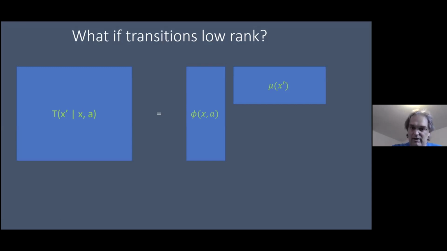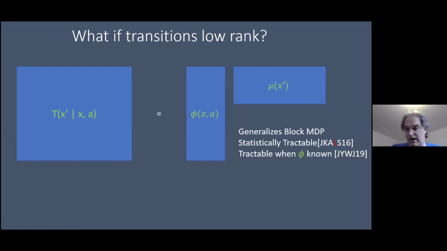Okay, so this is kind of natural. We know some things about this kind of structure. Okay, so let me back up. First of all, we know this generalizes block MDP because you can express any block MDP of the sort that I just described as a transition matrix of low rank, where the rank is the number of states.